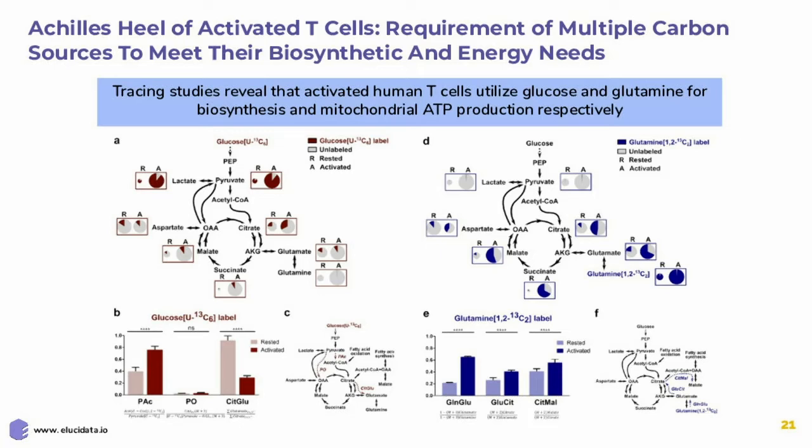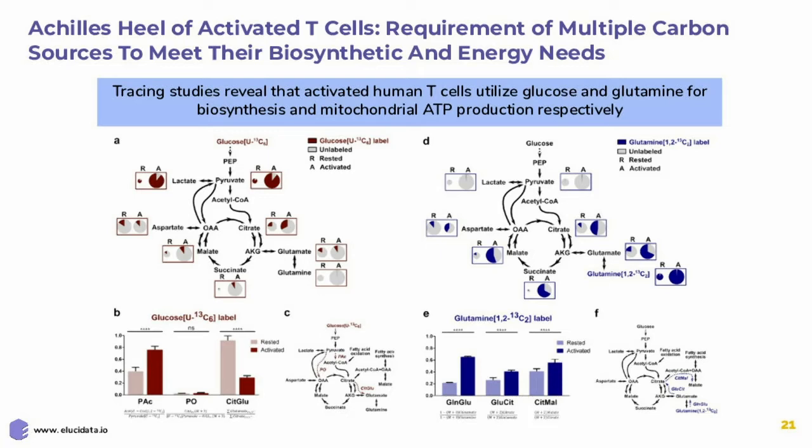So overall, these data told us two things: that there are various carbon sources that can feed into the TCA cycle, but there is a substantial reprogramming upon activation of T cells in how they handle the glutamine carbon sources as compared to that of the glucose carbon sources.